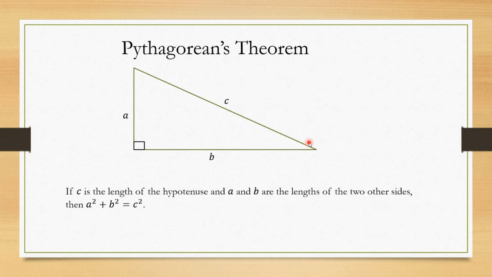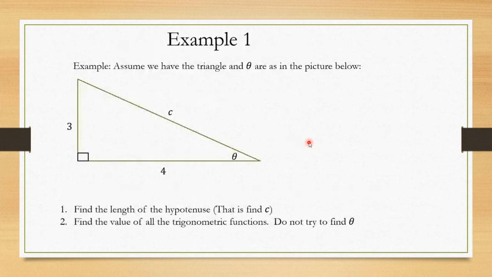Okay, with these trig functions, we can actually use them like so. Let's say we have this right triangle, and theta is an angle between 0 and 90 degrees.